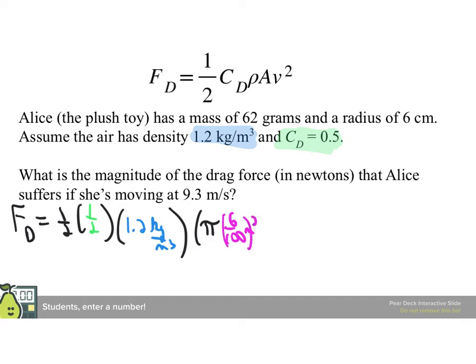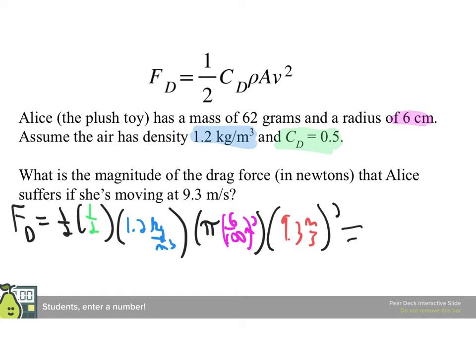And then, of course, we have to square the radius in the area formula. That is coming from this. And then finally, she has her speed of 9.3 meters per second. And we need to square that speed.